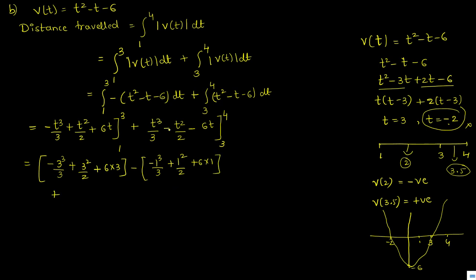Plus the second integral, applying the upper limit, that is 4 cube by 3 minus 4 square by 2 minus 6 times 4, minus the lower limit, that is 3 cube by 3 minus 3 square by 2 minus 6 times 3.